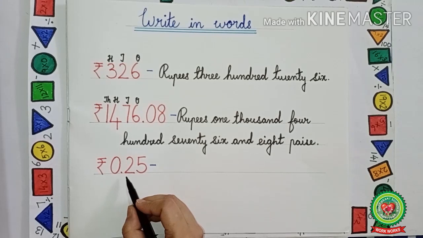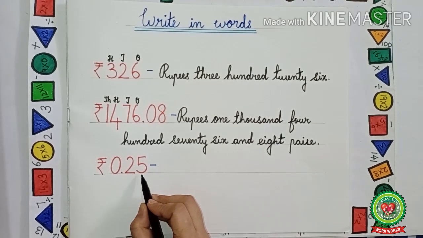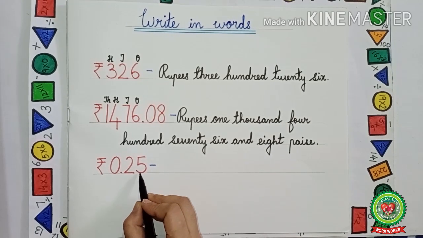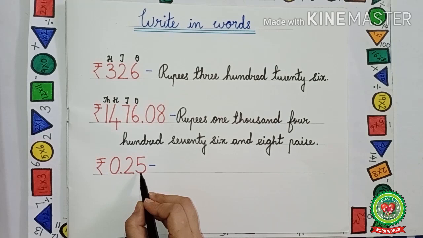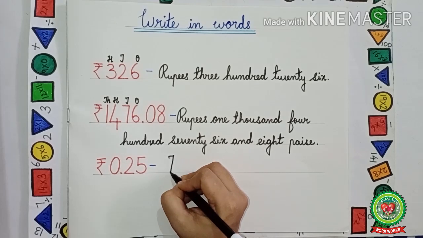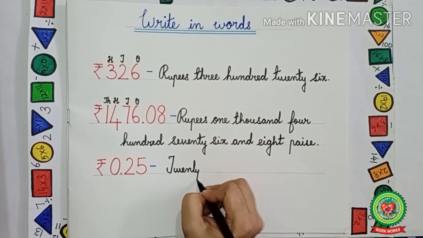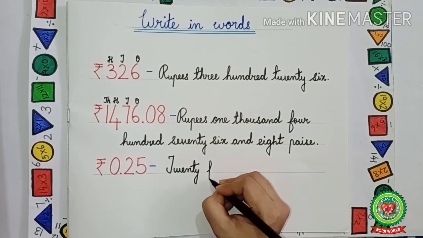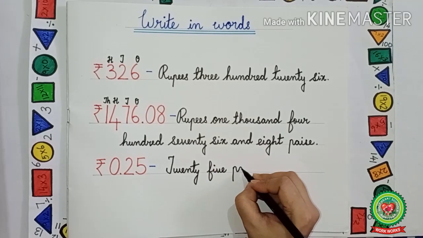We can simply leave it because 0 is nothing. We can simply start from paise. We know that the numbers that are coming after the point, that is 25. So that means 25 is paise. So simply we can write over here 25 paise.